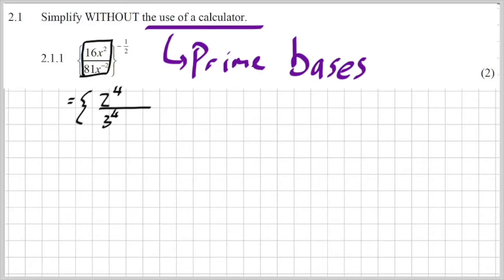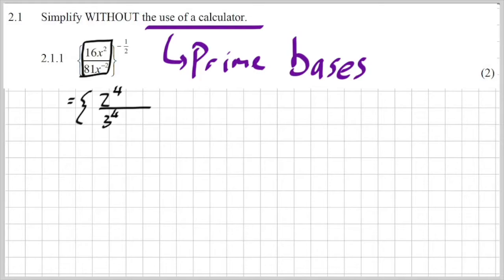You will see, as I do this, that I don't worry about the power of negative a half initially. I will deal with it almost at the end. So I'm going to first simplify in the brackets and then do the power of negative a half later on.